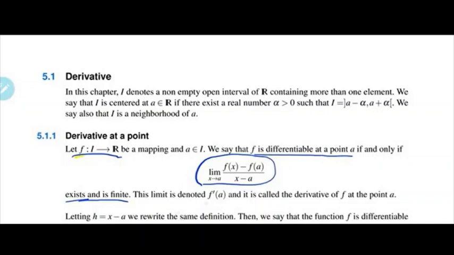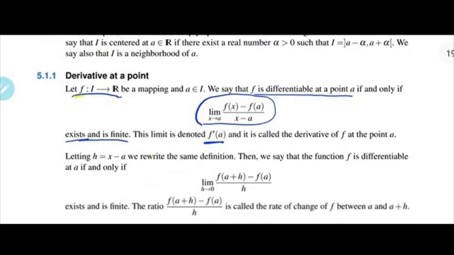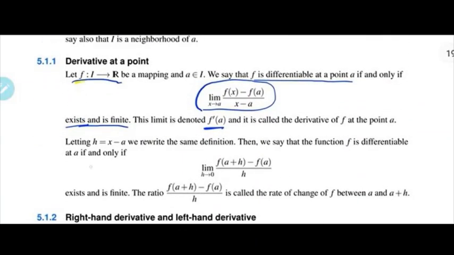And this limit will be denoted f prime at the point a and is called the derivative of f at the point a. Now we can write this ratio in another way by choosing h equal x minus a. So this is a change of variable.